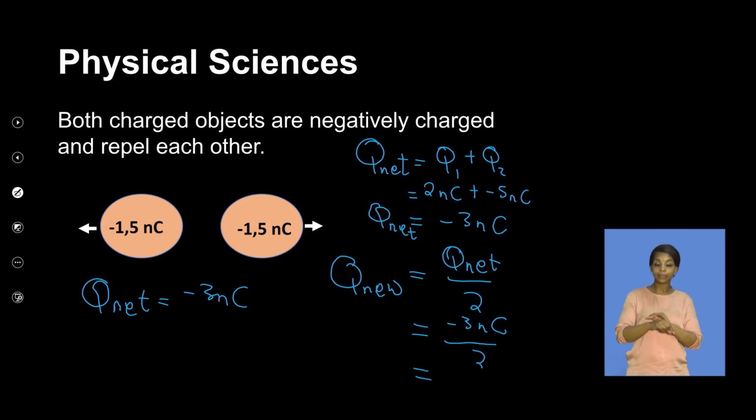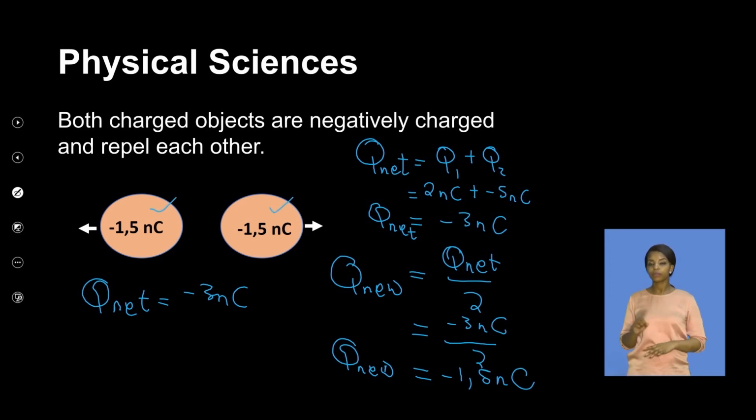The new charge in each one of them, which is the same for both, is equal to negative 1.5 nanocoulombs. So when two materials are brought into contact, charge is equally distributed, but we must also note that the net charge before they were brought into contact is equal to the net charge after they were separated from each other.